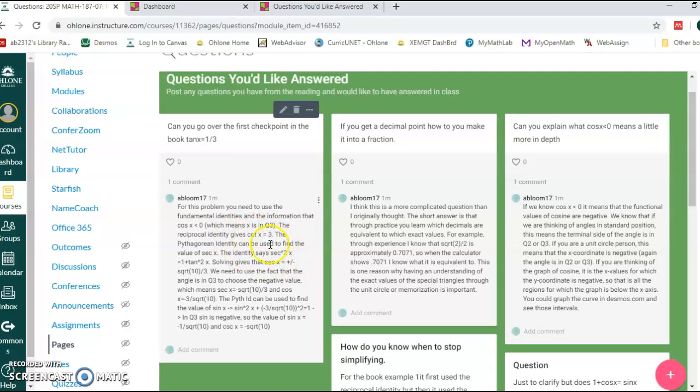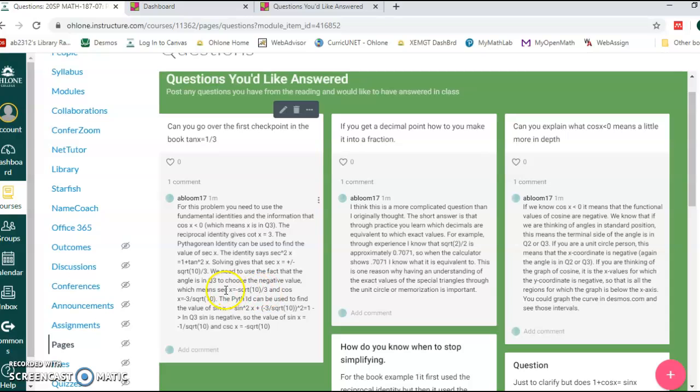I apologize for the sloppiness of the math here, but in essence, using the Pythagorean identity gives you that secant of x is either equal to positive or negative square root of 10 over 3. And then from there, we're going to use the fact that we're sitting in quadrant 3 to determine that secant is negative in the third quadrant.